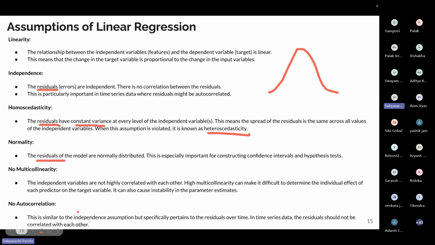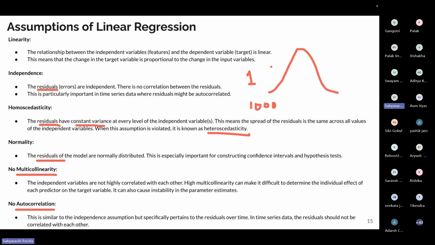And the other thing is that there should not be autocorrelation within the data. Keep in mind, there is something called autocorrelation and multicollinearity. Autocorrelation is within the same feature: all the instances I have for the data, say the instance at row number 1 and row number 1000, should not be auto-correlated to each other.